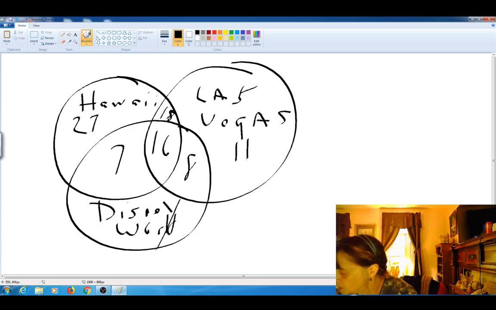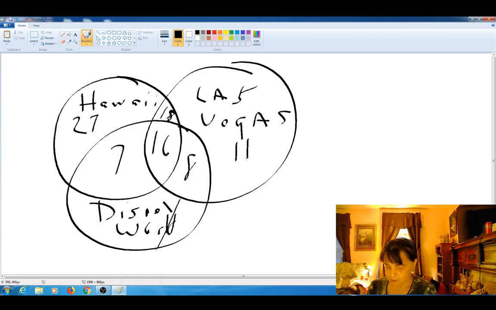And Disney World, 47 traveled to Disney World, so 7 plus 16 plus 8 is 31. 47 minus 31 is 16.